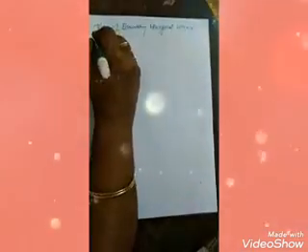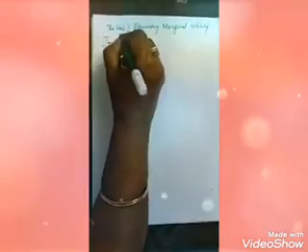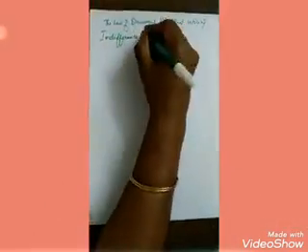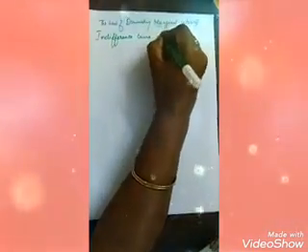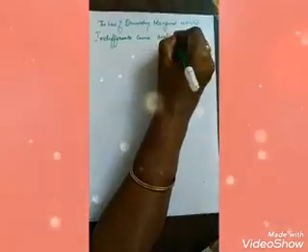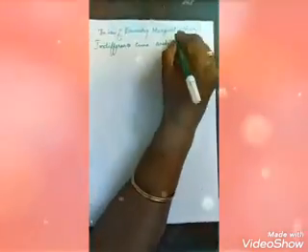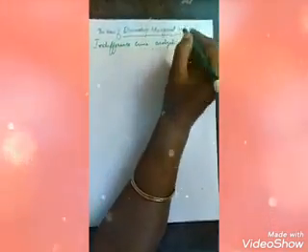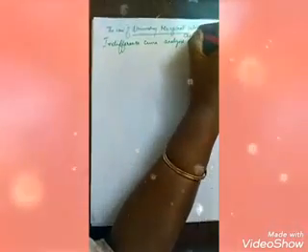The second part of consumer behavior, consumer equilibrium, is nothing but the indifference curve analysis. What is that? Indifference curve analysis. Already I told you the law of diminishing marginal utility comes under the cardinal approach.